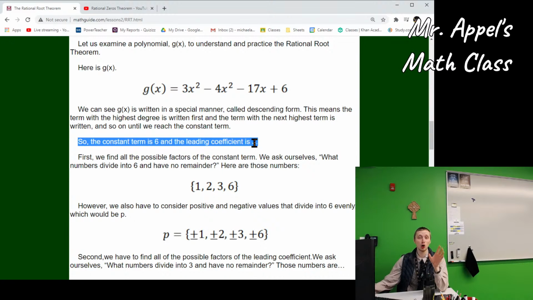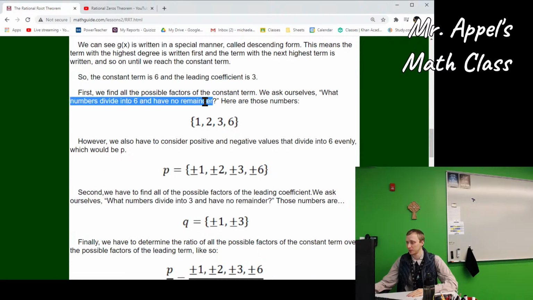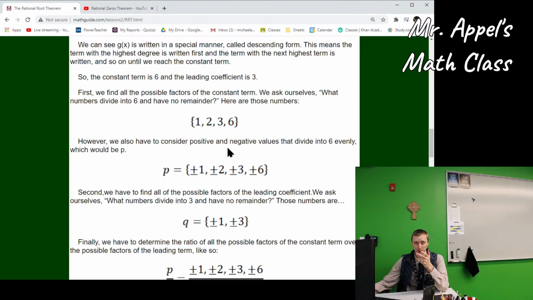And we want to list all possible factors of those numbers, right? So how can you divide a 6 and get no remainder? All factors of 6: 1, 2, 3, 6. That's it. It's a fairly short list, right? And we have to consider both positive and negative. So really, P could be positive and negative 1, 2, 3, or 6.